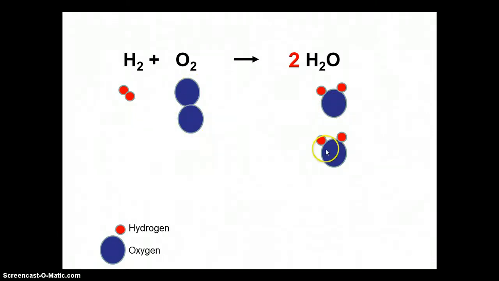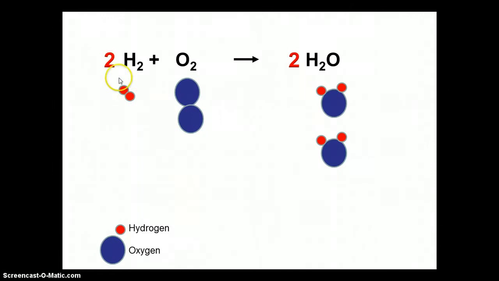The problem is that now I have 1, 2, 3, 4 hydrogens. And if you look up here, this 2 means that I have 2 of all of this, everything that comes after the 2. So now I need 2 more hydrogens on this side.